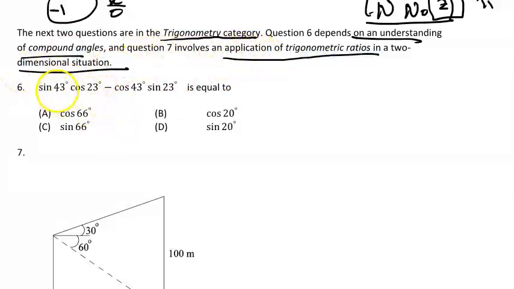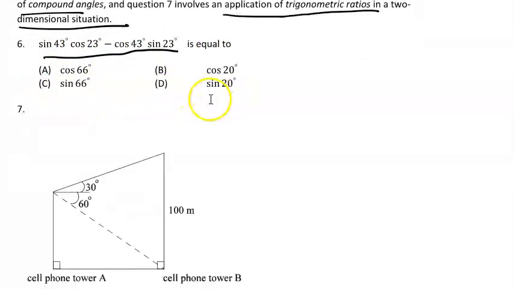First you have sine 43 cos 23 minus cos 43 sine 23 is equal to. Here you need to know your compound angle expansion. So you have sine, cos, cos, sine. That's your sine expansion.